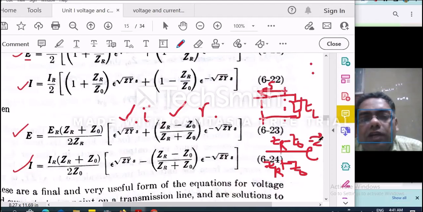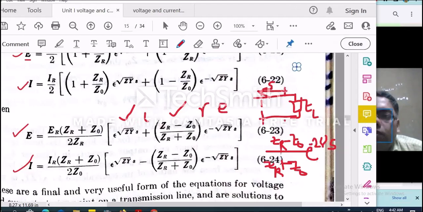So the reflection coefficient is ZR minus Z0 by ZR plus Z0 into e to the power minus 2 gamma s, where gamma is root of zy. This is the expression for the reflection coefficient at a point at distance s from the load end.